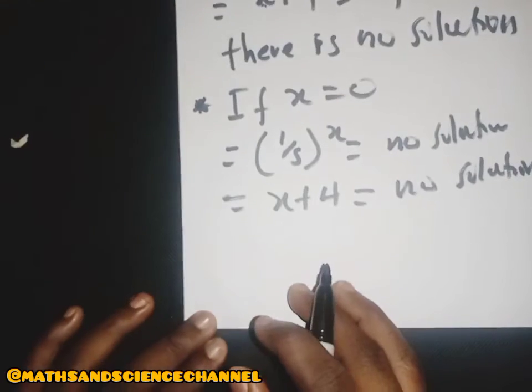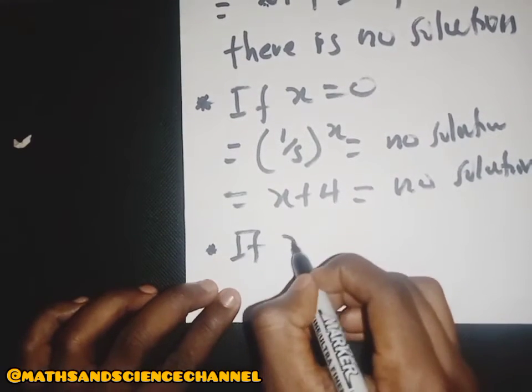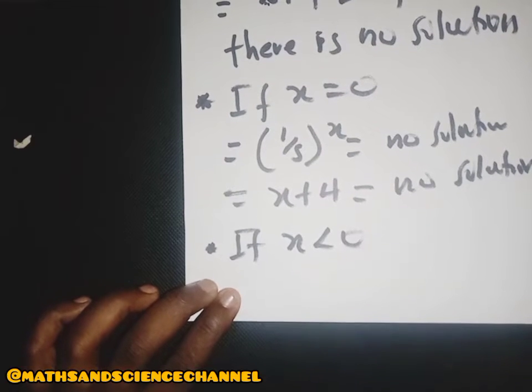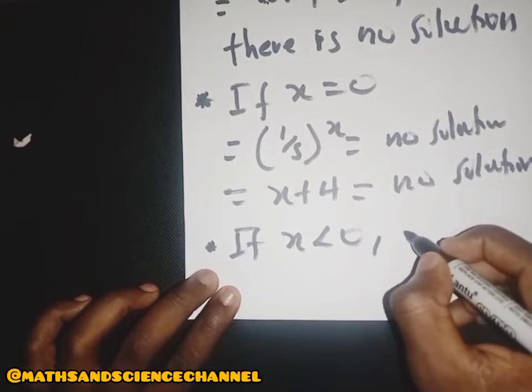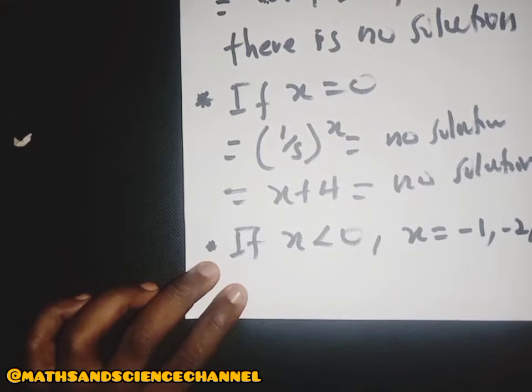But then what about the last condition, if s is less than 0, right? If s is less than 0, we are considering s values like -1, -2, -3.